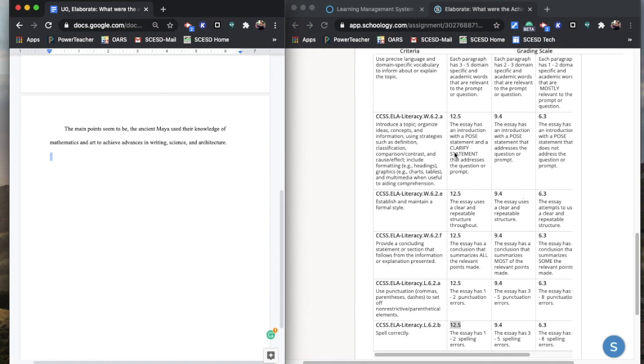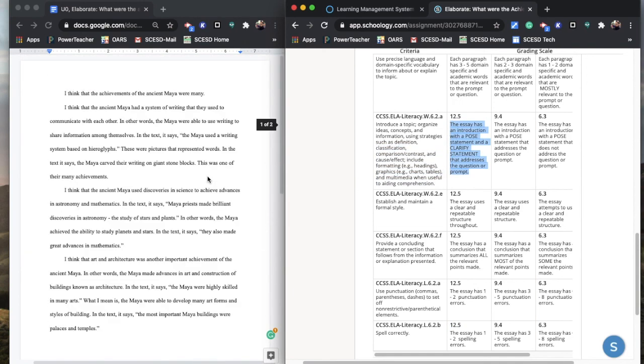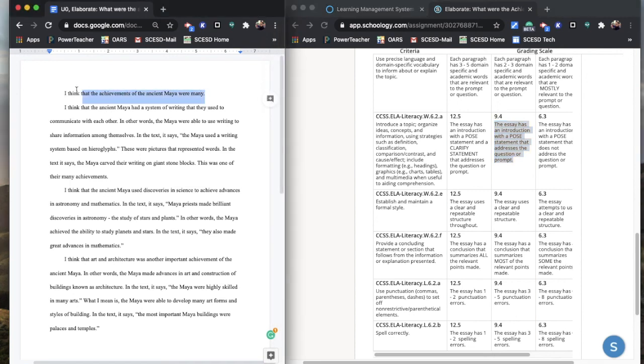Yep. Because we switched, oh no, wait. I think we just, yeah, we got a 9.4 on the introduction because we didn't use a clarification statement, but I don't care. That's not a bad grade. A 9.4 is still really good. It's still going to be very, very close to 100%.